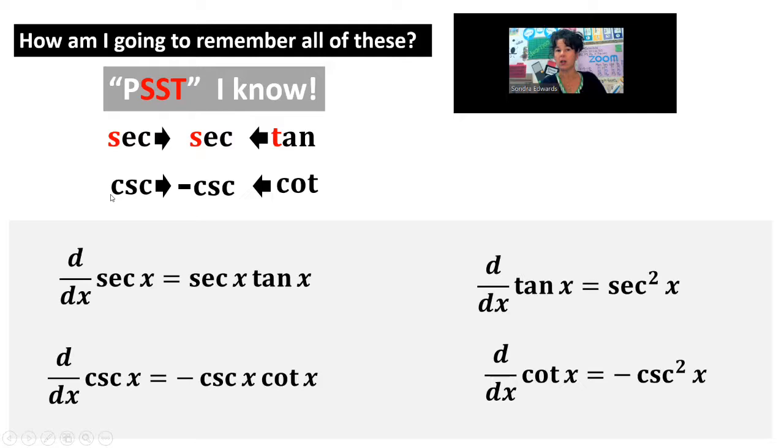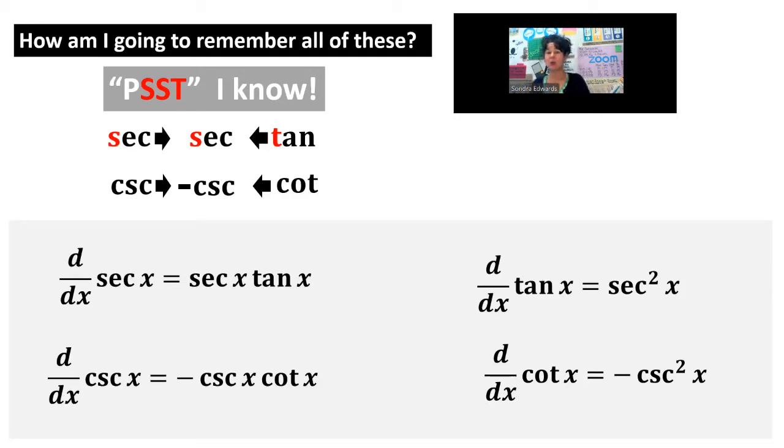Follow the arrow. Negative 1 times cosecant times cotangent. So negative cosecant, cotangent. And then one last one, starting with cotangent. What's the derivative of cotangent? Follow the arrow. Negative 1 times cosecant, negative cosecant squared of x. Bam! That's not too bad.